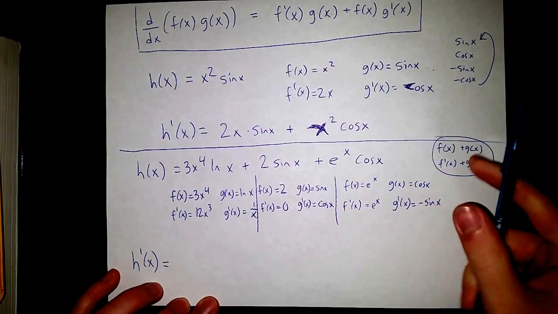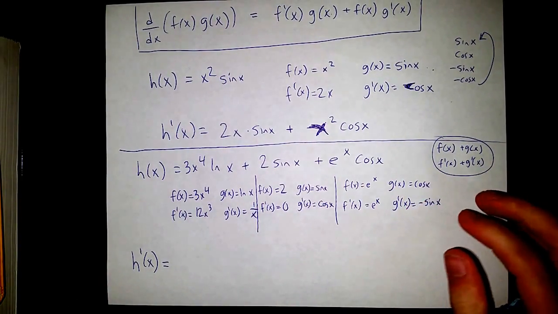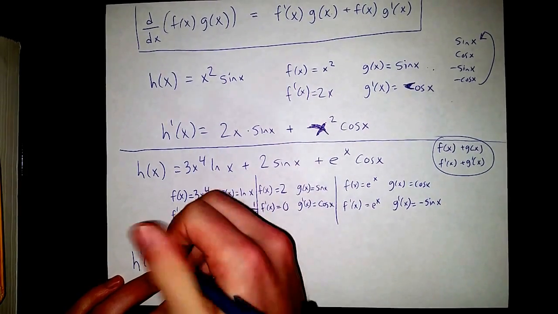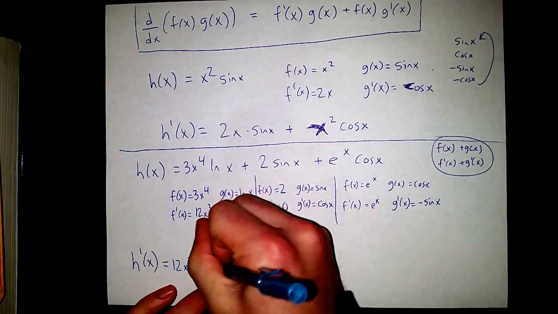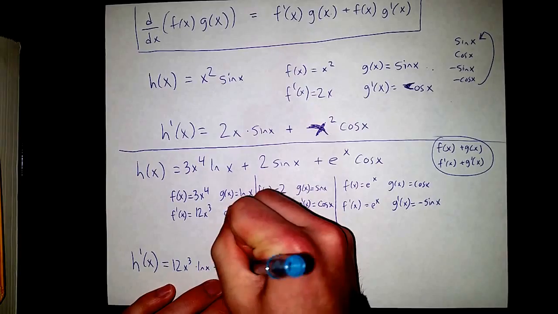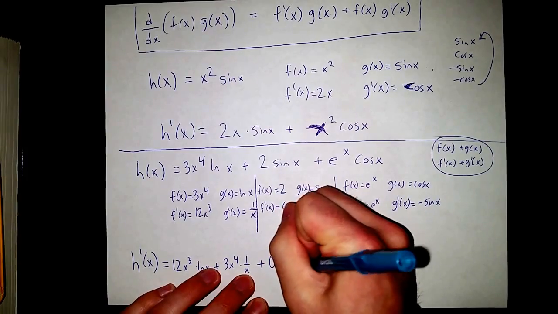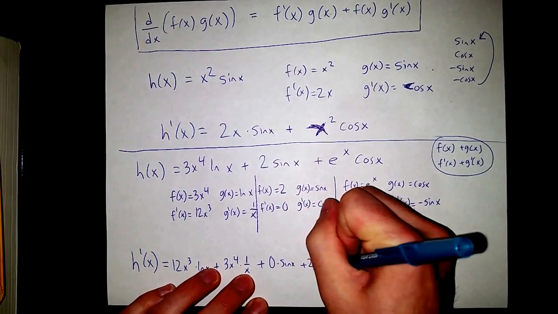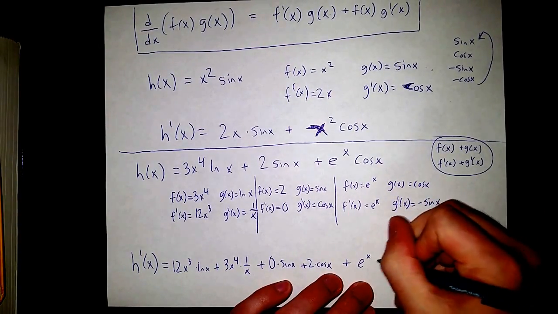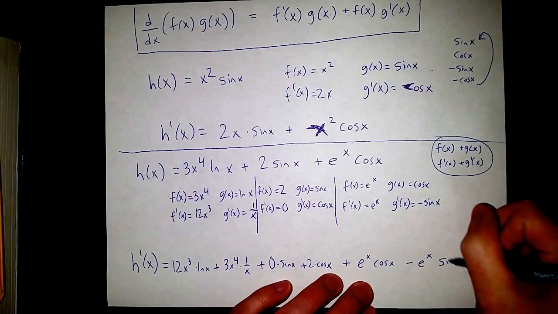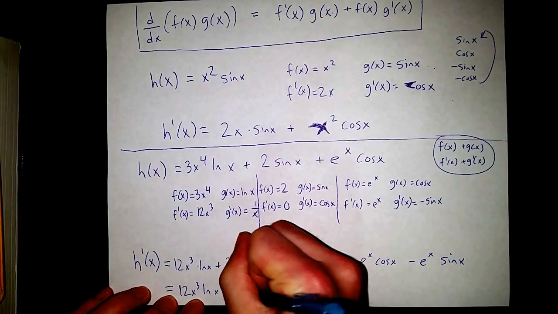Now let's plug it in. For this first part, 12x to the third times ln x, natural log of x, plus 3x to the fourth times 1 over x, plus this times this, that's 0 times sine of x, plus 2 times cosine of x, plus the last part equals.